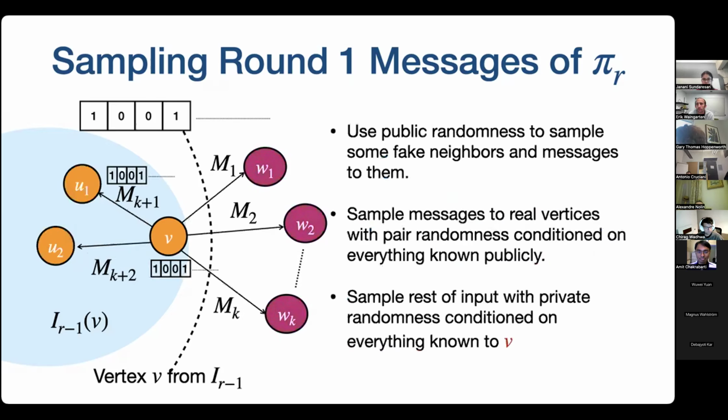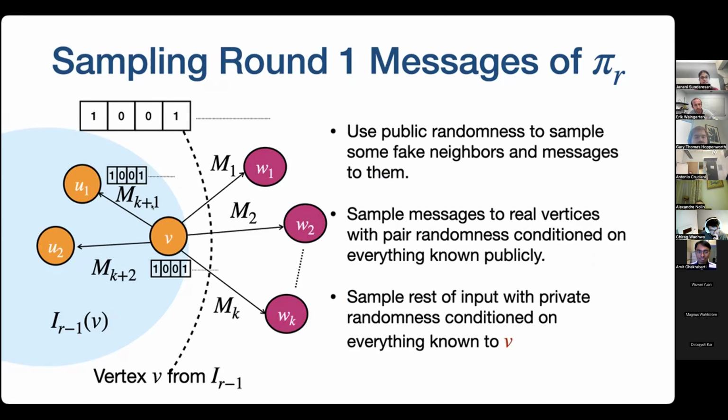Now, I'm not going to go into specifics of the process. I'll just briefly say the overall view. The first step is to use the public randomness to sample some of these fake neighbors and messages to them. Sampling these messages helps you break correlation between other messages you have to sample with pair randomness. The next step is you look at everything you've sampled publicly, and then you sample these messages to U2 and U1.